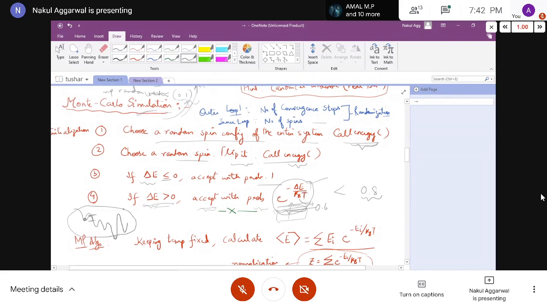So it's a randomized algorithm. This is not going to happen every time. So if, let's say, this factor comes out to be 0.06, then 6 out of 100 times it will cross. It will basically jump, but that is good enough, because if it crosses, then the natural tendency of the algorithm is to go down. Now it's here. Again, we calculate the probability. Let's say it comes out to be 0.03.